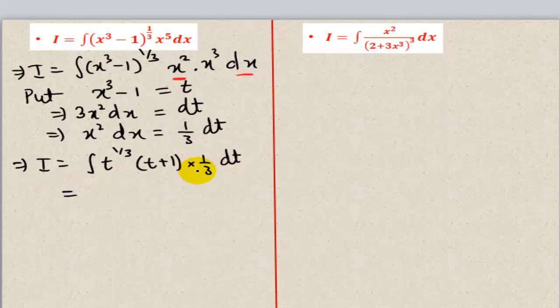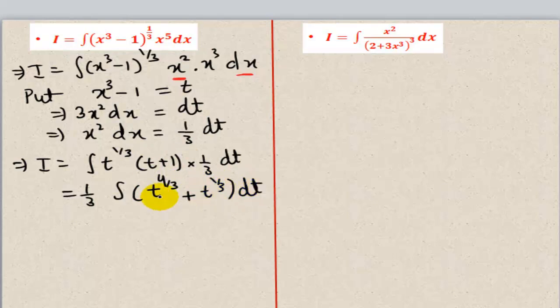Now because 1 over 3 is a constant, a scalar, it will multiply with the integral of this function. So we can write it as 1 by 3 times the integral of, and this part can be expanded, t to the power 1 by 3 into t. So the exponent of the resulting term will be t with the exponent 1 by 3 plus 1, which comes out to be 4 by 3, then plus t to the power 1 by 3 dt.